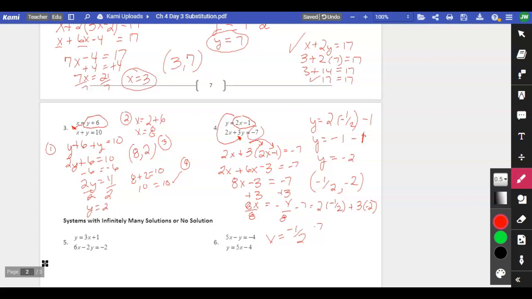So it does. 2 times negative 1/2 is negative 1, and 3 times negative 2 is negative 6. Well, negative 7 equals negative 7. It does check. So again, I did my substitution. I found my second variable. I wrote an ordered pair. I checked my work.